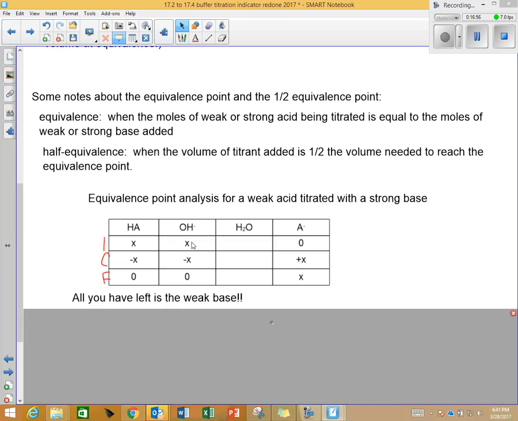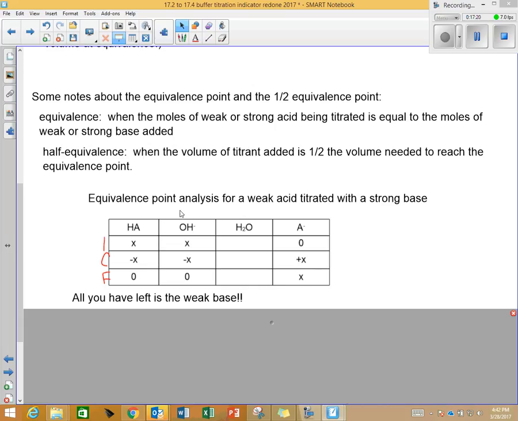If these are equal, then both are used up completely, minus x on these columns, plus x for your conjugate weak base. When we add the I and the C rows, the weak acid and strong base are at 0. All you have left is the weak base.